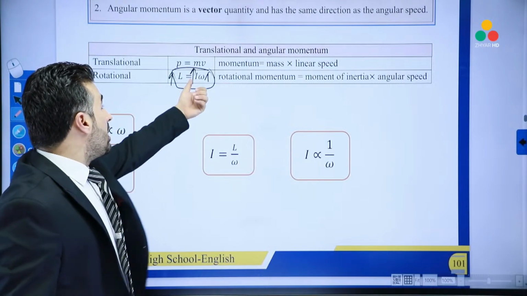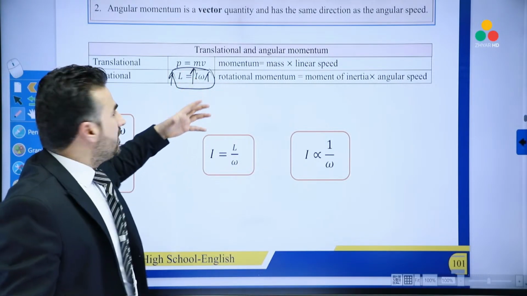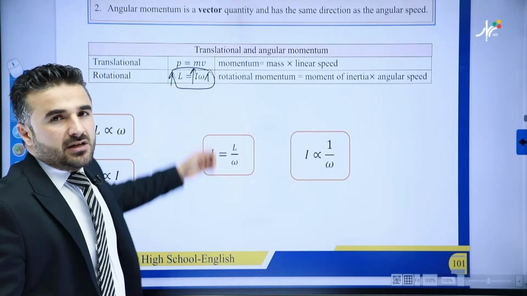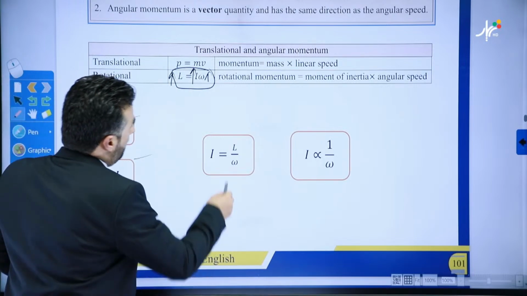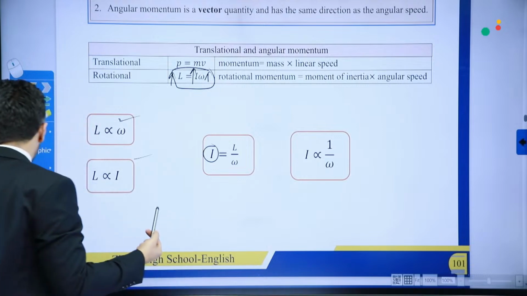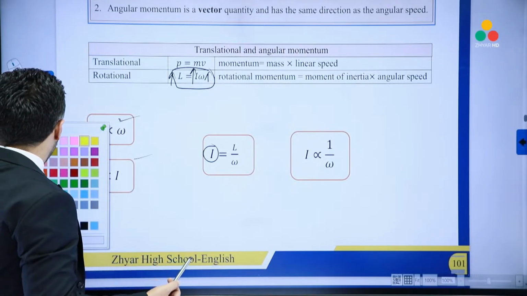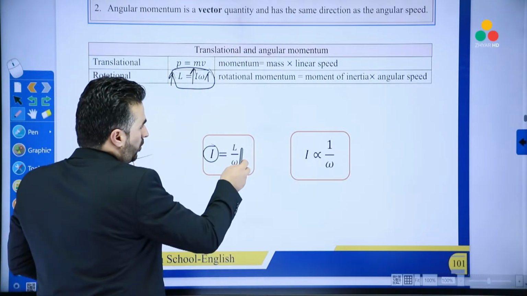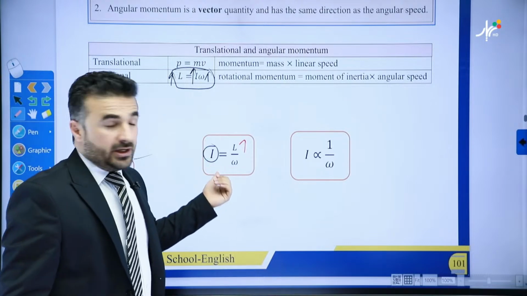But if you rearrange the equation, what will be the relationship between angular speed and moment of inertia? You can see these two are directly proportional, but if we rearrange the equation, moment of inertia would equal L, or angular momentum, divided by angular speed. So by increasing the angular momentum, the moment of inertia would increase.